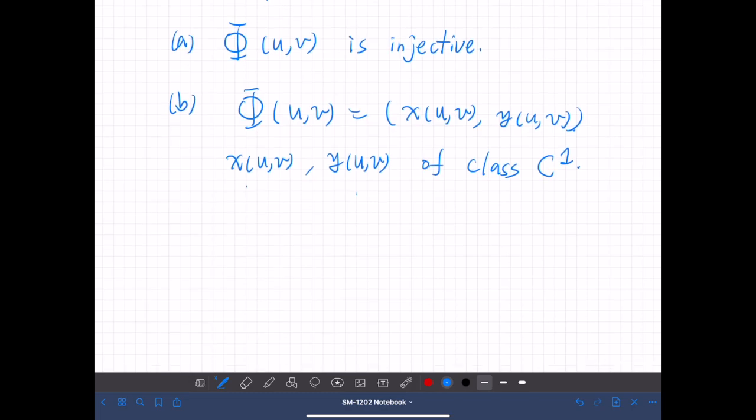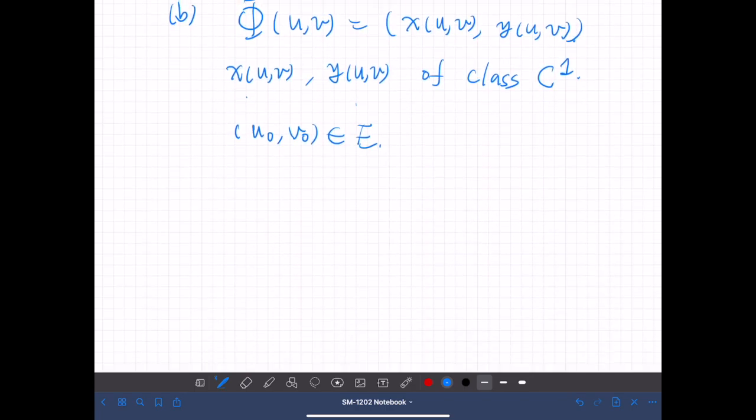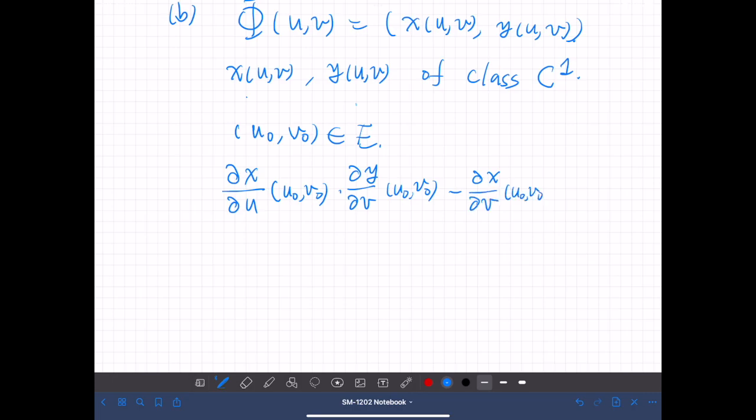And also, at any arbitrary point (u0, v0) in E, in this rectangular region, we assume that this quantity is non-zero: xu times yv minus xv and yu.